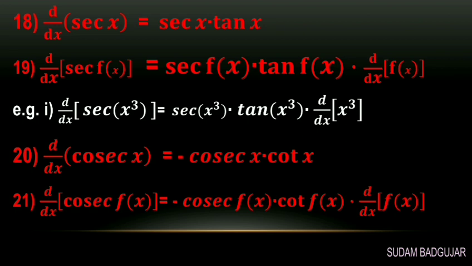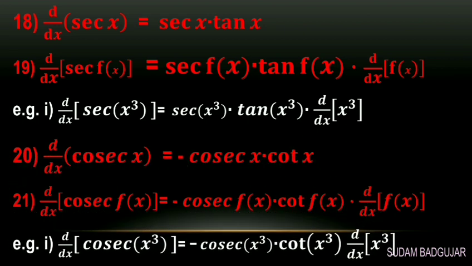So you must remember the derivative of c is always negative. Similarly, the derivatives of cos inverse, cot inverse, and cosec inverse are negative. For example, the derivative of cosec of x cube is equal to minus cosec of x cube into cot of x cube into the derivative of x cube.